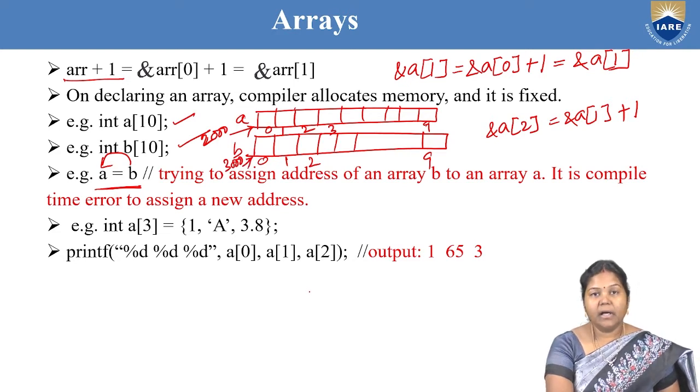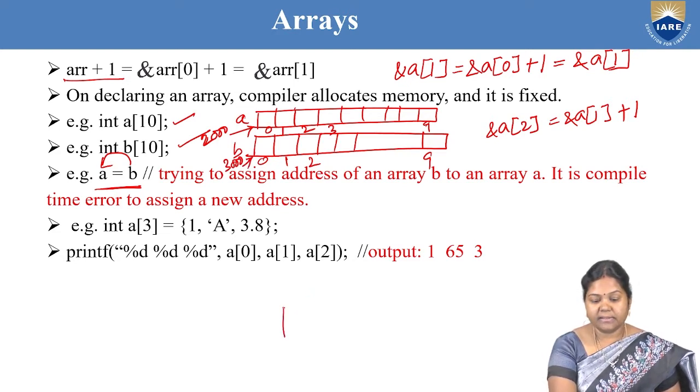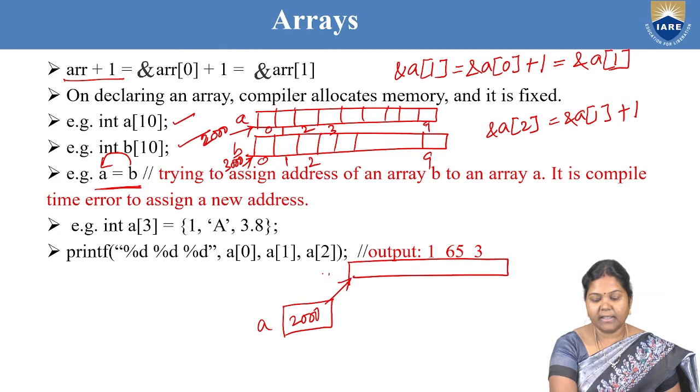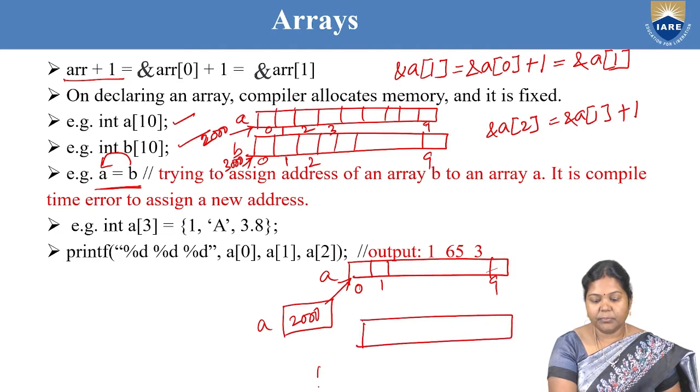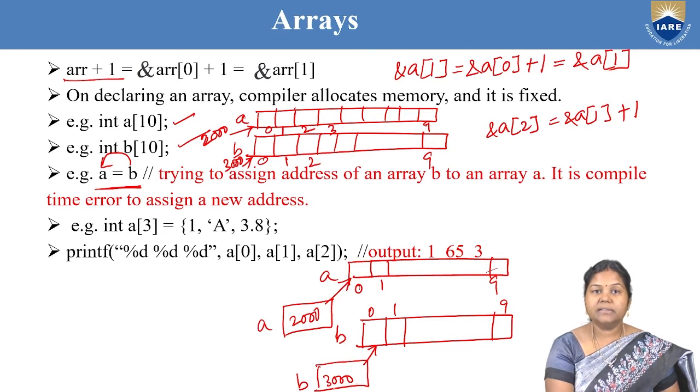Now, A and B have two different addresses. Suppose A contains the starting address 2000, which is the address of the 0th element. Similarly, B acts as a pointer which contains 3000, pointing to array B, from the 0th index up to the 9th index. So these two addresses are different.